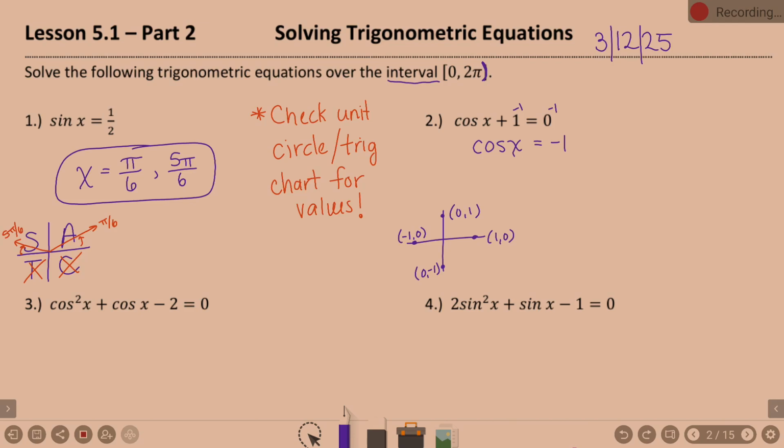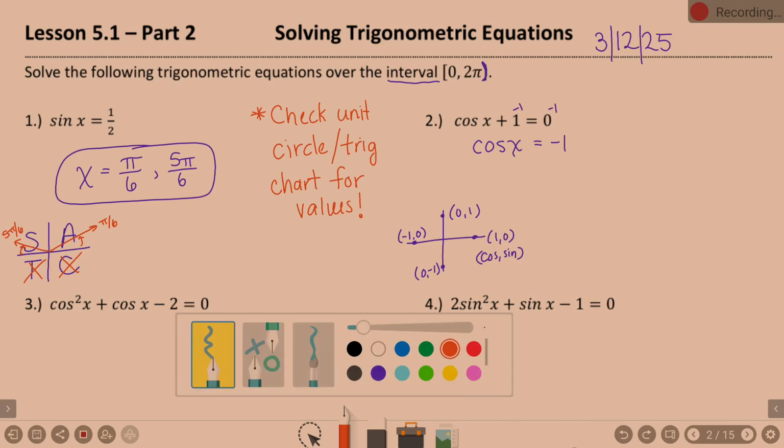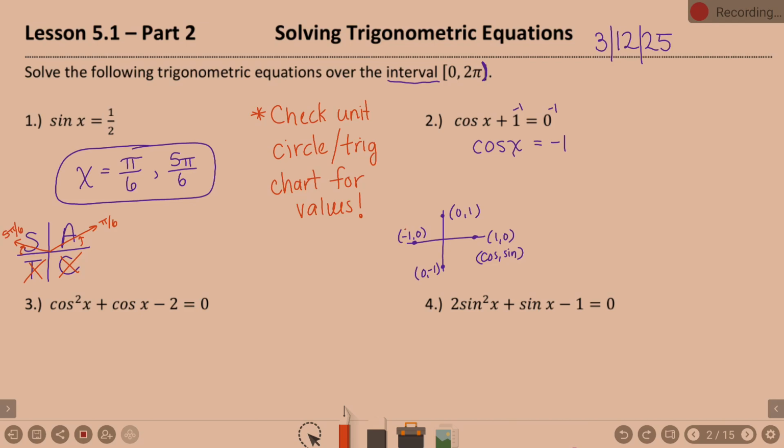When we talk about zeros and ones, unless it's a tangent, we're usually talking about our quadrantals: 0, 90, 180, 270 degrees. I also agree, it's cosine, comma sine in an ordered pair. We're looking for when cosine equals negative 1. Logan said 180 degrees, pi.